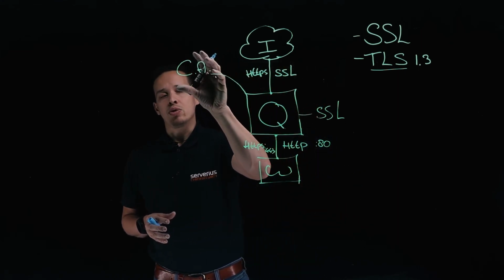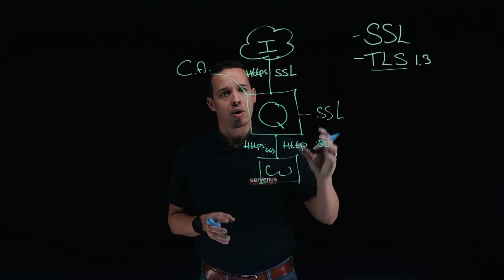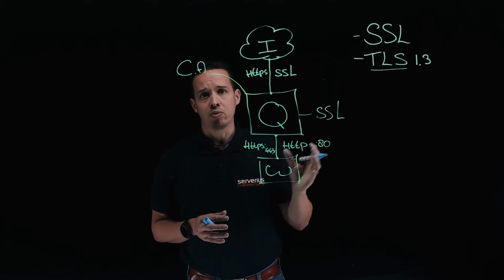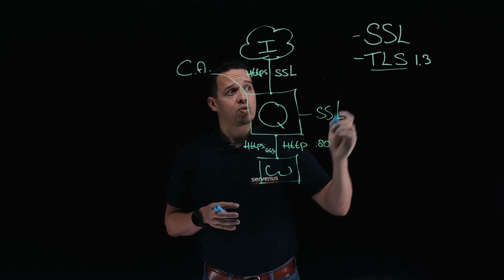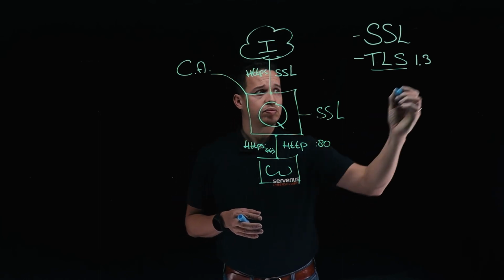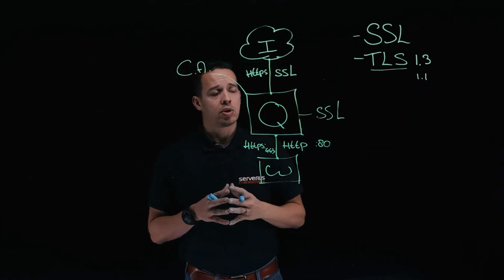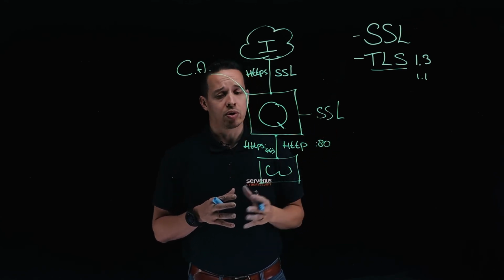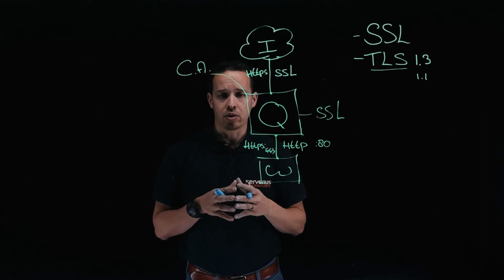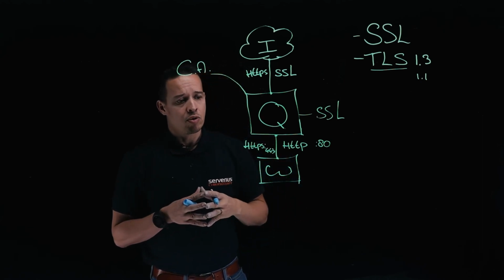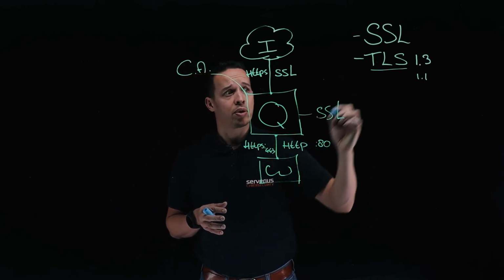Now, what can we do with the SSL inside the client area? You can choose what sort of TLS you want to use. Our default is TLS 1.2, but you can say I want to use TLS 1.1. And why are we doing this? Because 1.1 is not secure enough anymore, but we know that some customers of yours will probably use browsers that still use TLS 1.1.